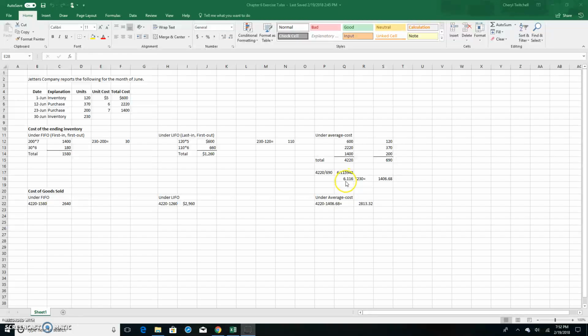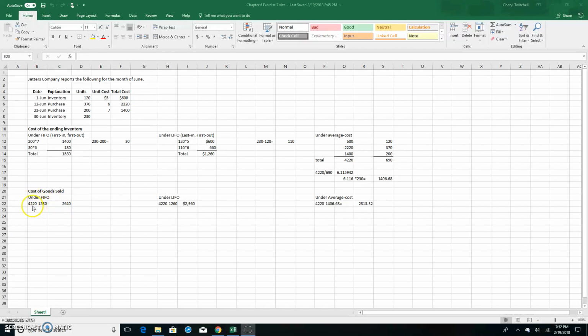So this becomes 6.116, and we multiply that by the ending inventory units, which is 230, and that is equal to $1,406.68.